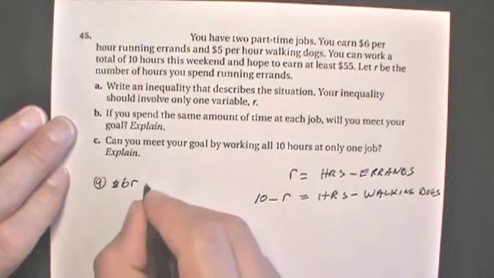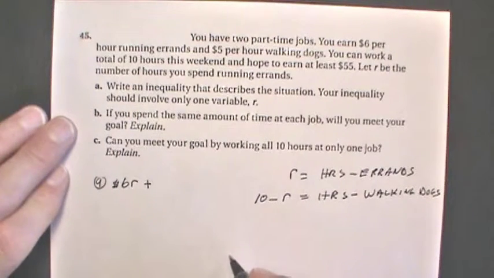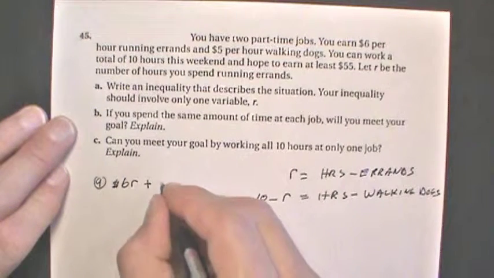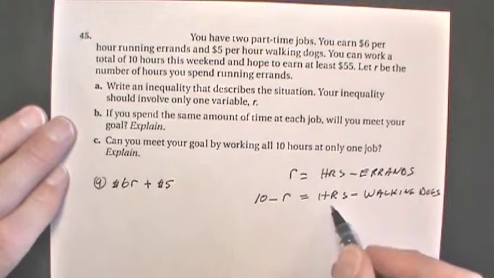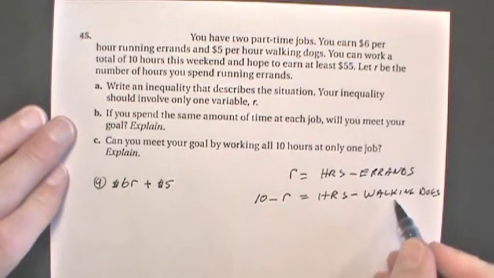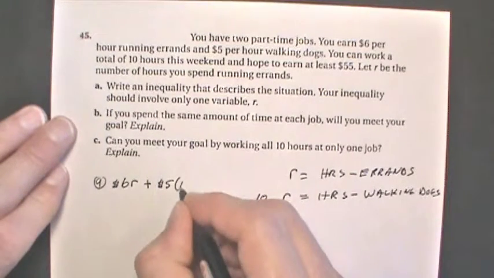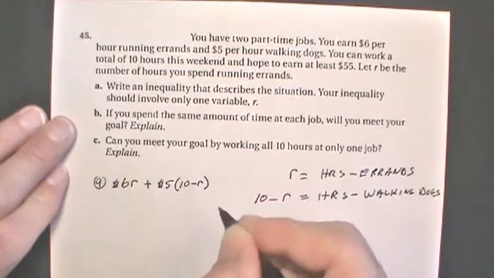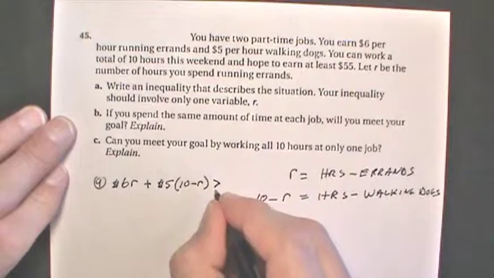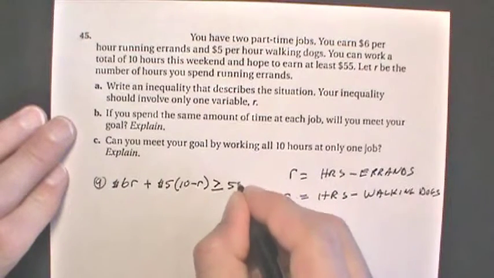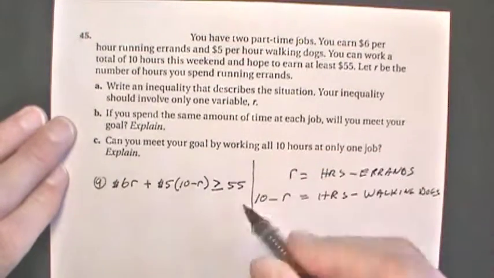And then we can also make money for walking dogs. For the dogs, we make $5 for each hour. And how many hours can we work on walking the dogs? 10 minus R. And we want to earn at least $55, so we're going to have greater than or equal to 55. So that's A.